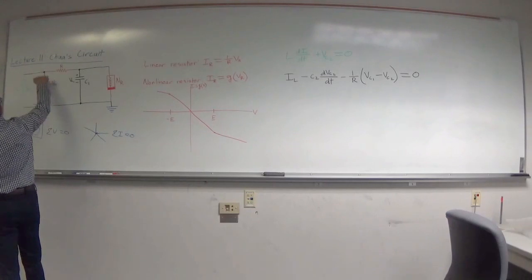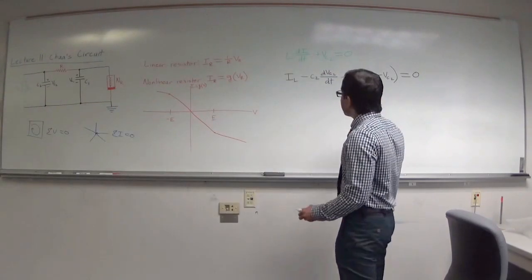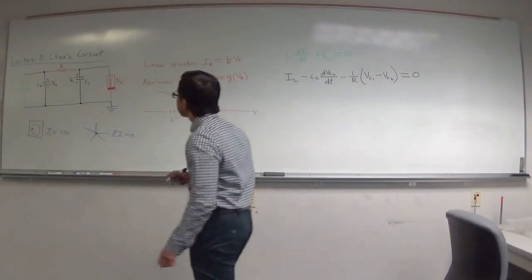And then the current is going out of that node that way.